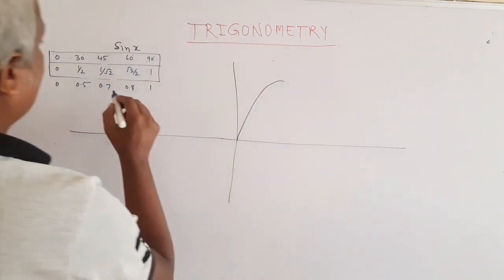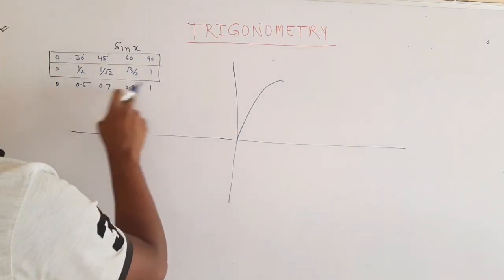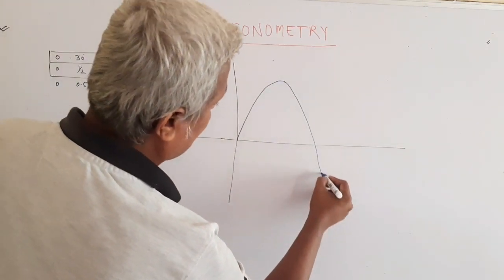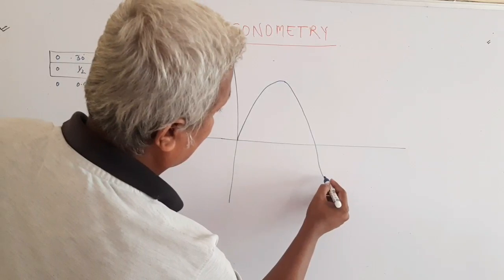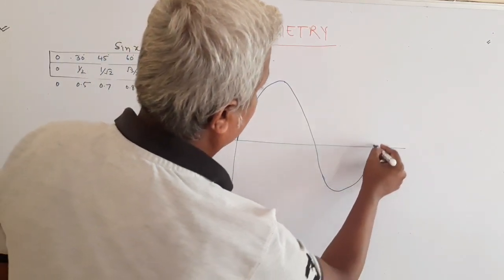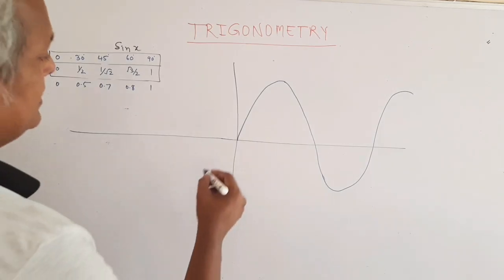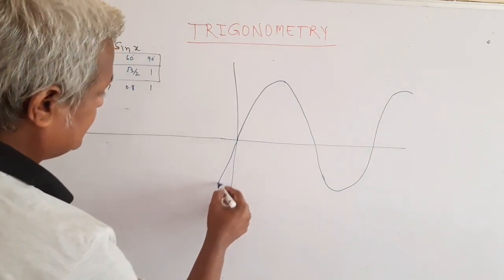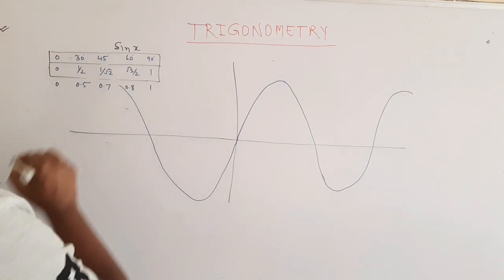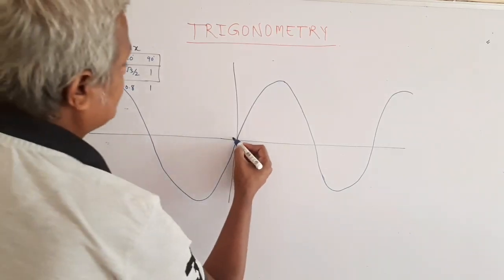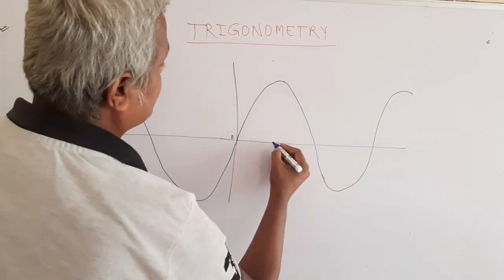And then when the angle changes from 90 to 180, it comes down, like this. And in this section also it goes like this. So this value is 0. This peak value is at pi by 2.